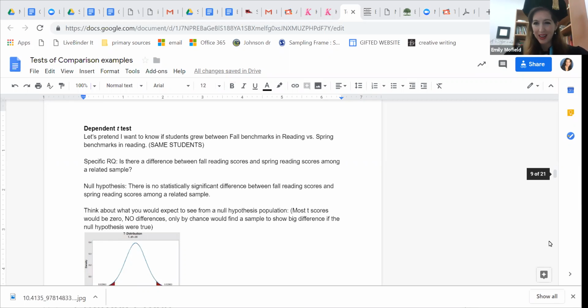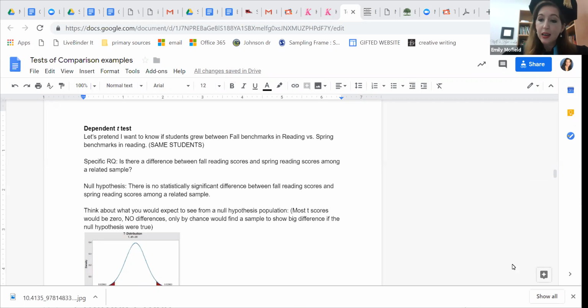So my research question, written very specifically, is: is there a difference between fall reading scores and spring reading scores among this related sample? My null hypothesis would then be there is no statistically significant difference. And I've got to remember the logic of what I'm doing.